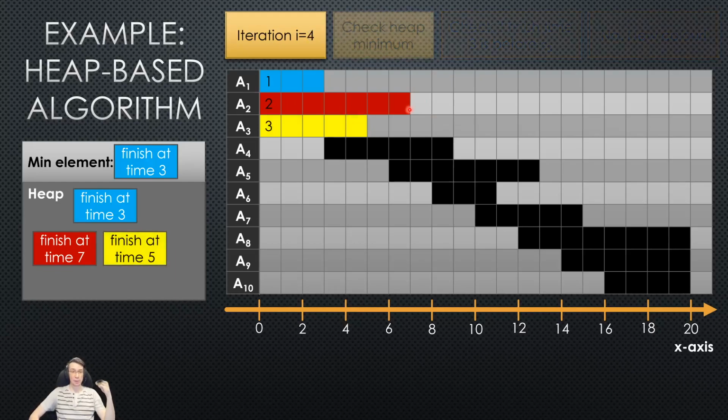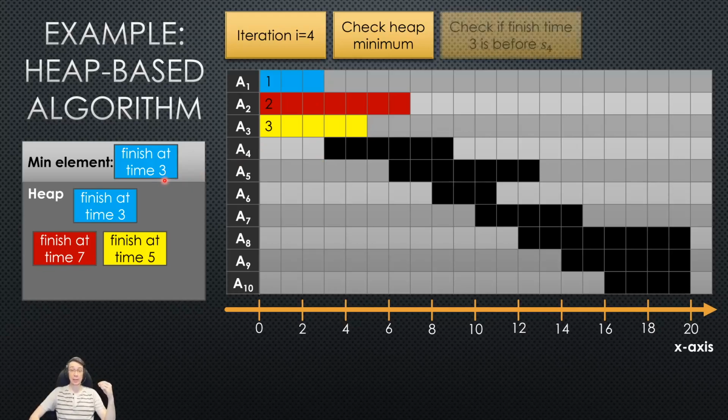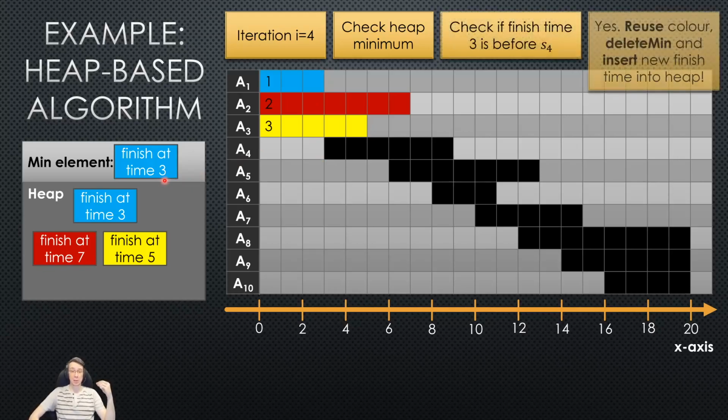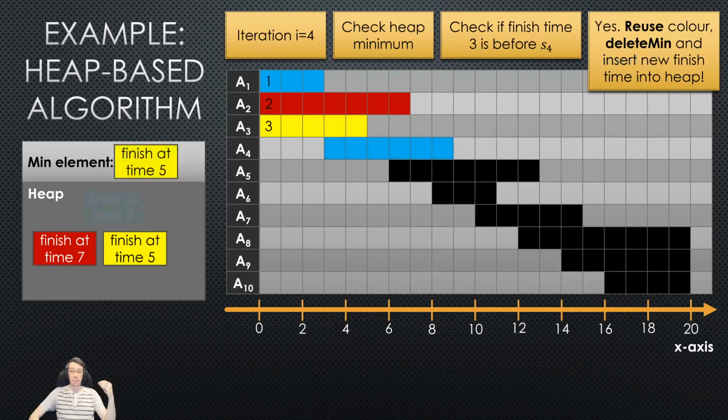Now for the fourth interval, when it comes time to check if we can reuse, we're going to take the start time, which is 3, and compare it with the minimum on the heap, which is 3. Yes, we see we can reuse this minimum element on the heap. So we reuse the color blue. How do we reuse it?